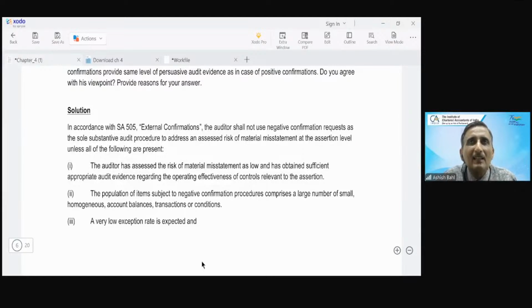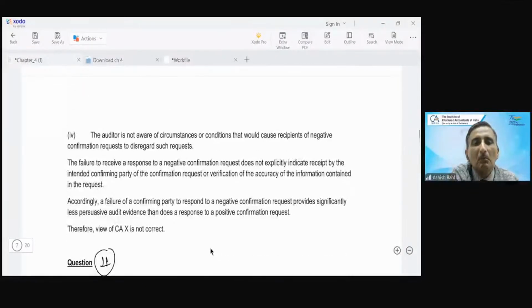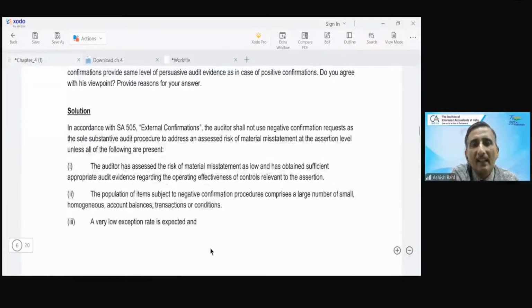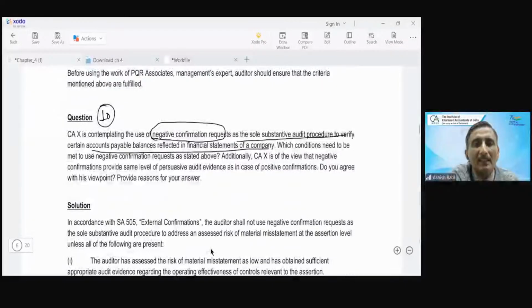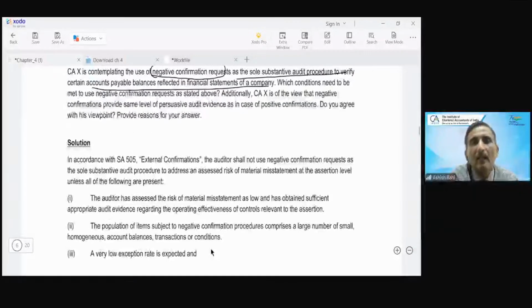It means that the chances of disagreement between the request sent and the response obtained is very low. These are some of the factors which have to be considered by the auditor before sending negative confirmation requests. If these conditions are there, only then negative confirmation requests are to be sent.